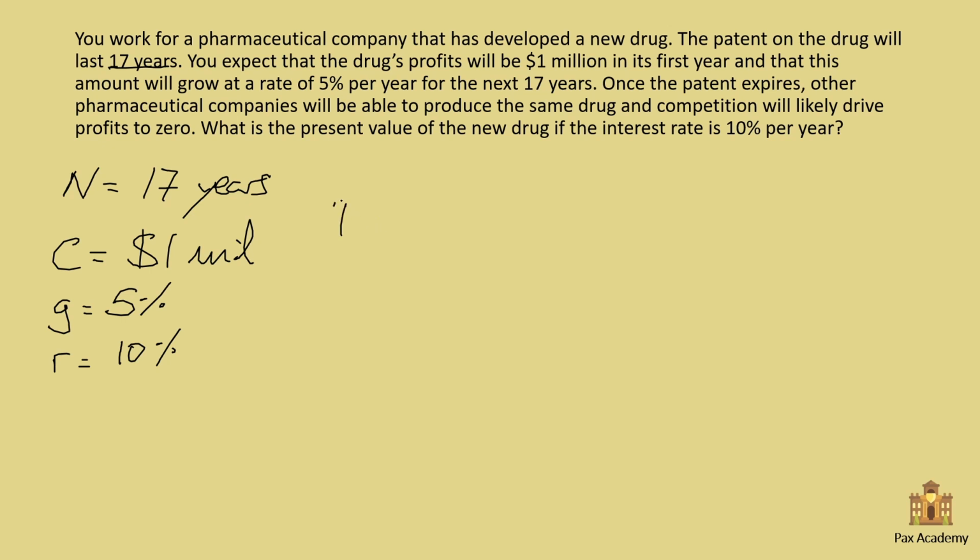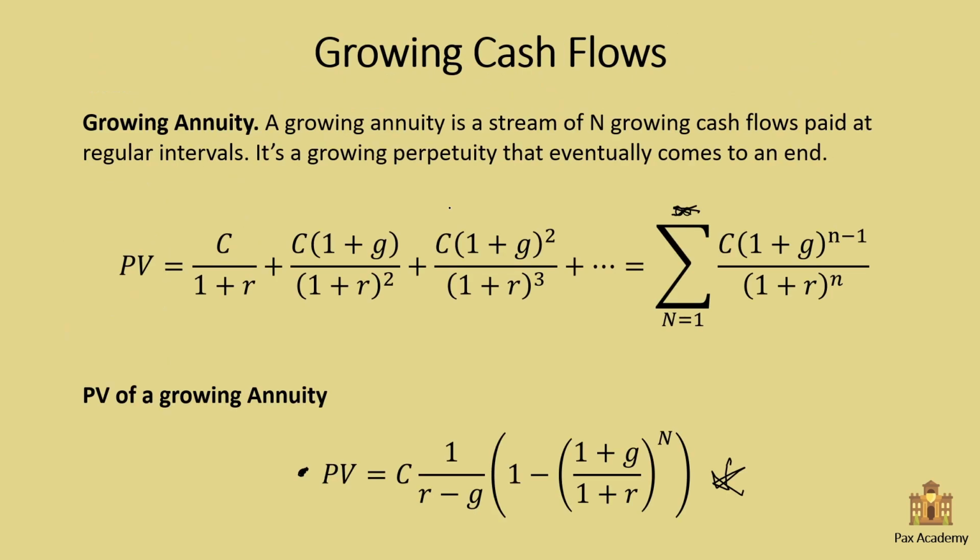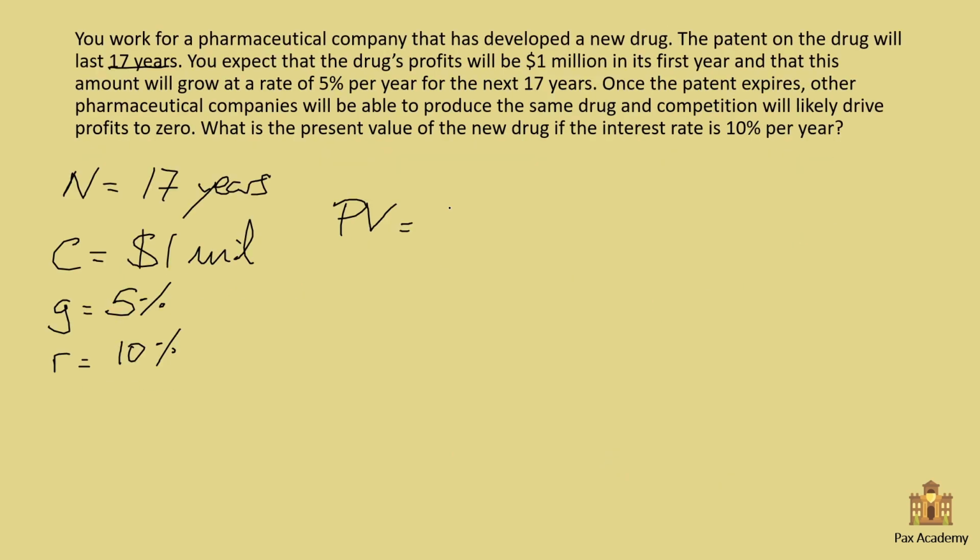Now let's use the formula, which we said is the present value of the cash flow, so 1 million, times 1 over R minus G. So 10%, 0.1, minus 5%, 0.05.